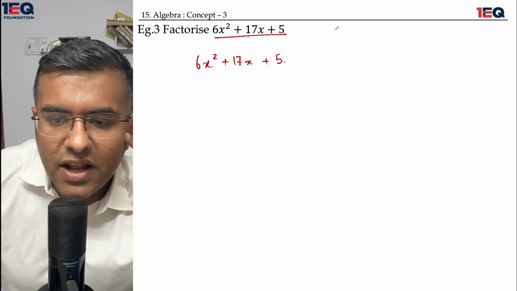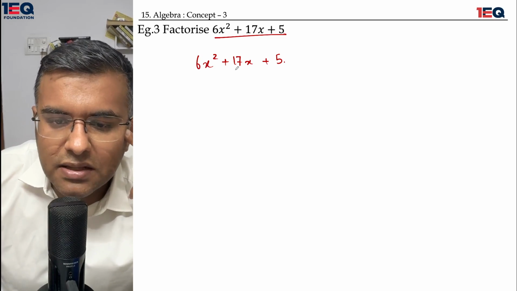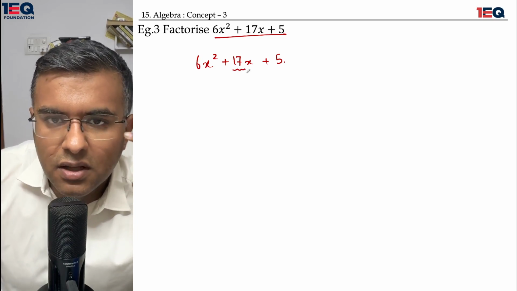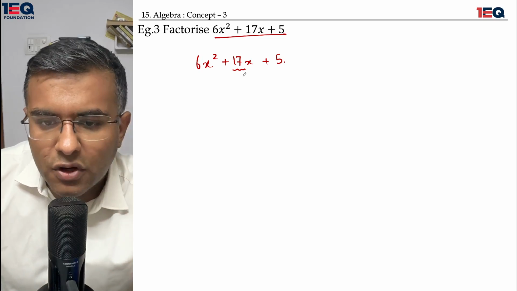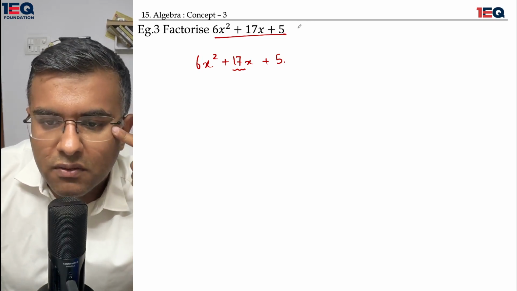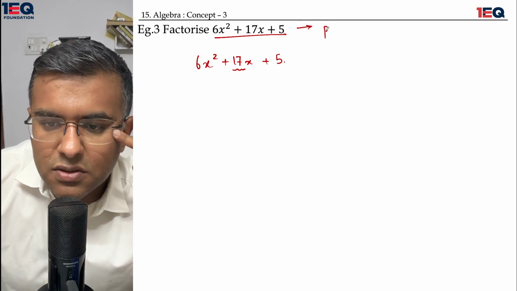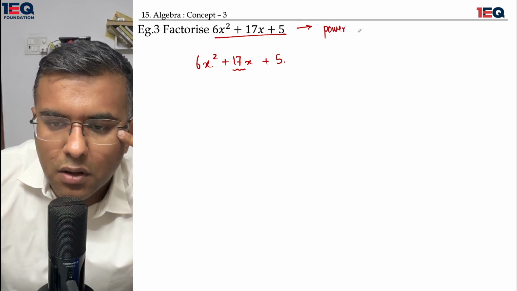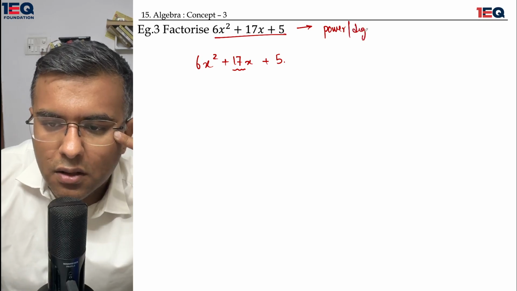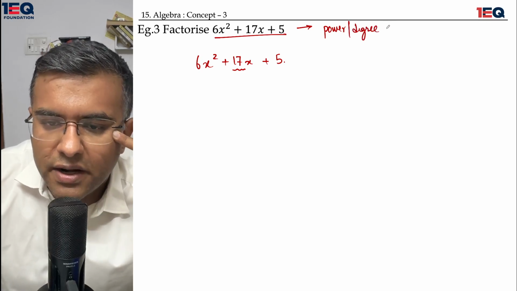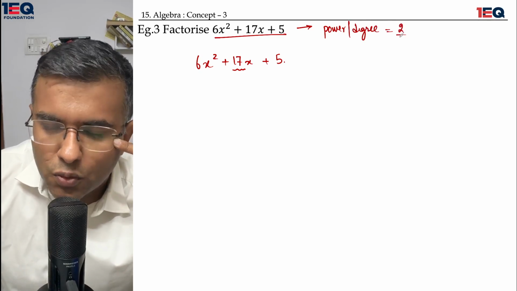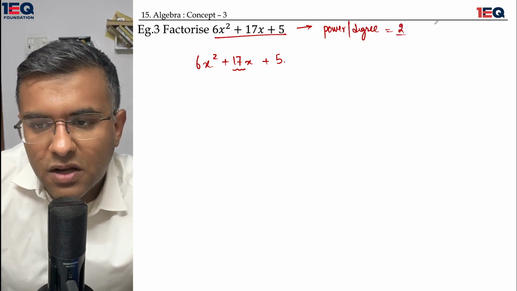See, what happens in middle term splitting is that this 17 is the bone of contention. The degree of this quadratic equation is equal to 2. That means in the end there would be two solutions.